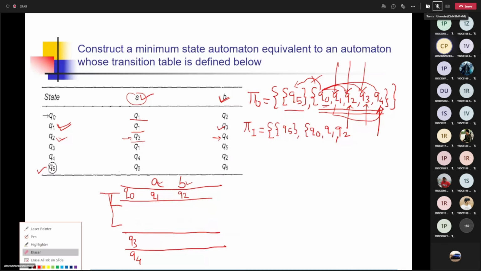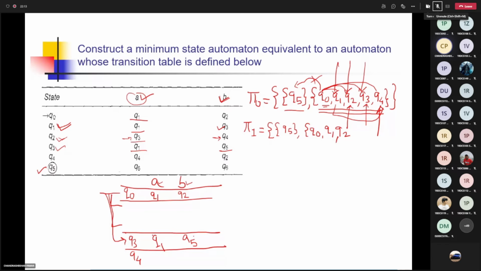Let's check for the Q3. So Q3 with input A, transition is on Q1. Q3 with input B, transition is on Q5. Now we will check the Q0 equivalence with the Q3.